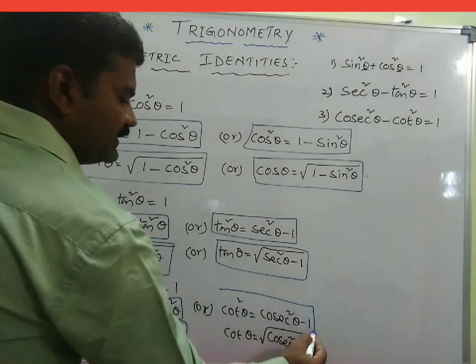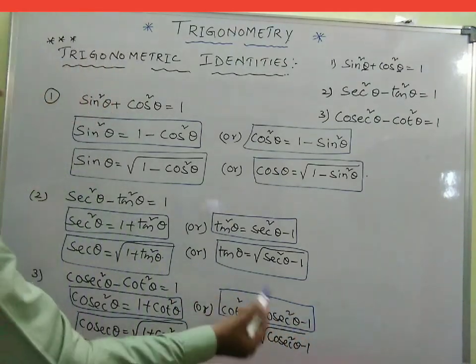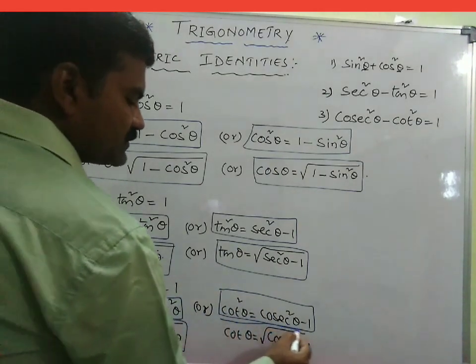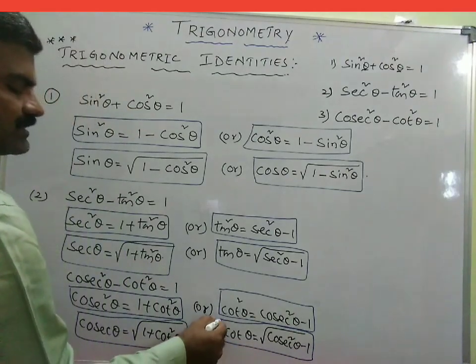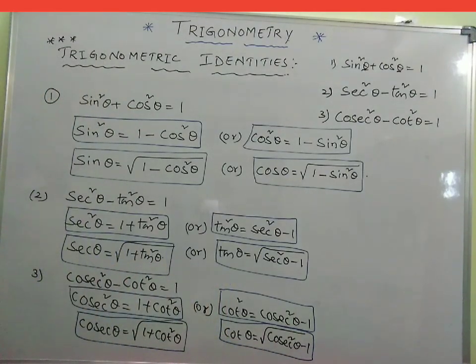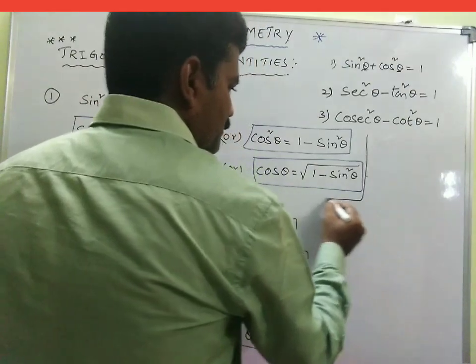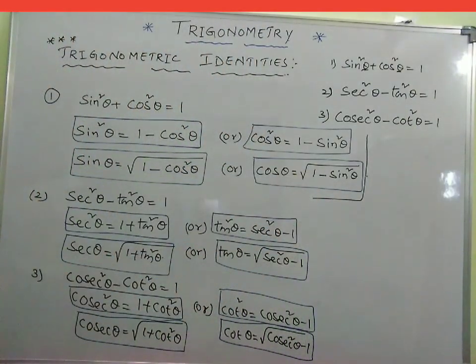Similarly, cot square theta is equal to cosecant square theta minus 1, and cot theta is equal to square root of cosecant square theta minus 1. Also observe the note. Here all these boxes are important. Every box is considered as one of the formulas.